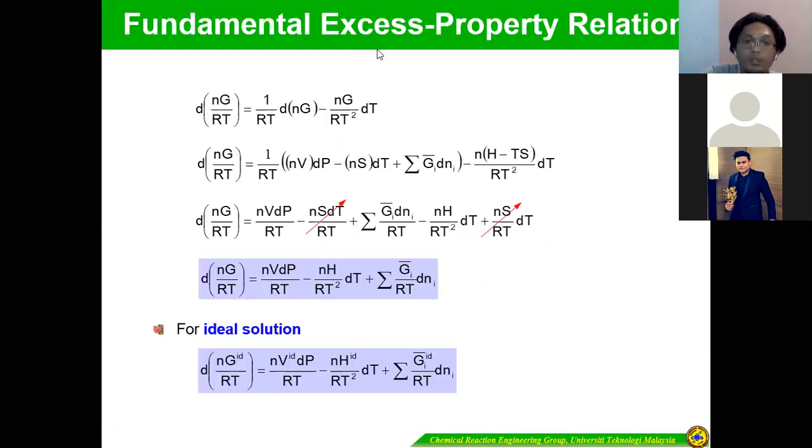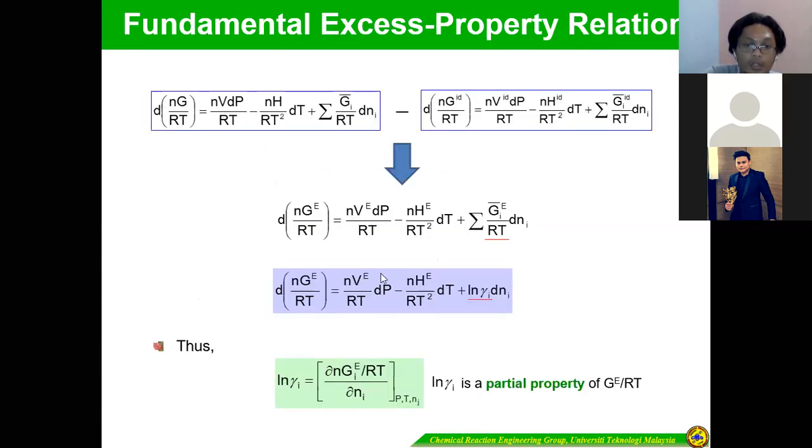Let's see the importance of thermodynamic properties here for the fundamental excess properties relation. This is just the derivation. This is the definition I told you: the activity coefficient is related to the partial excess Gibbs energy. ln gamma_i is the partial property of the excess Gibbs energy divided by RT.